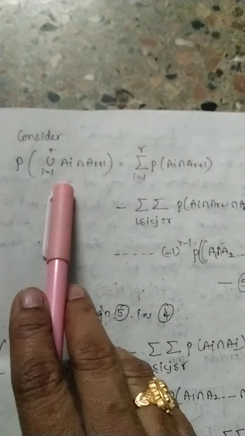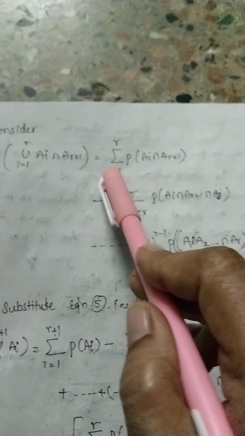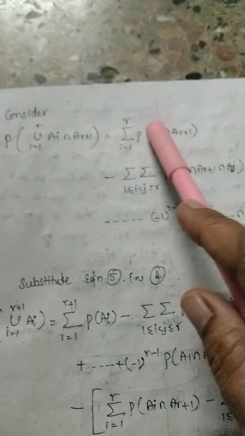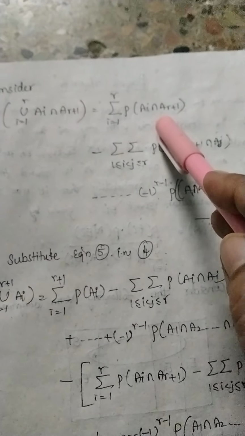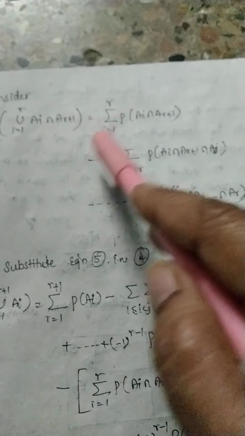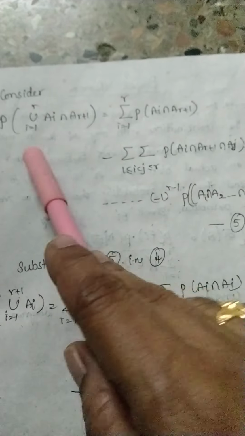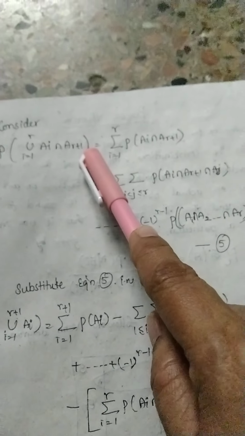The last term is nothing but probability of union i equals 1 to r of A_i intersection A_{r+1}, which is equal to summation i equals 1 to r of P(A_i intersection A_{r+1}), minus, that means you are going to write A_i intersection A_{r+1} as your A_i.